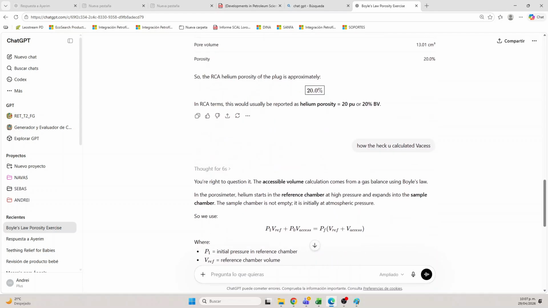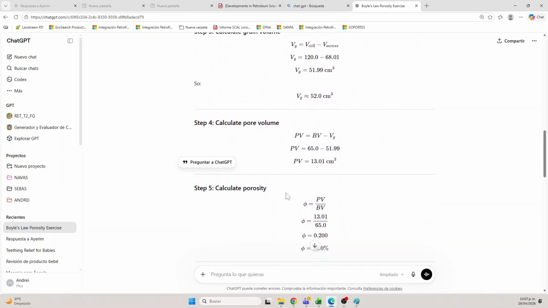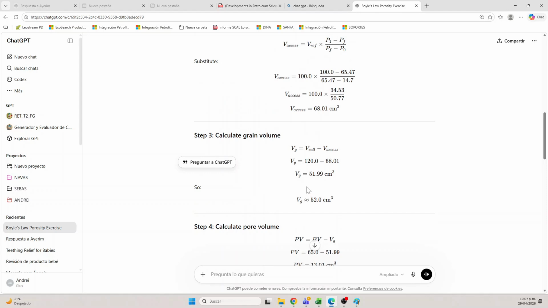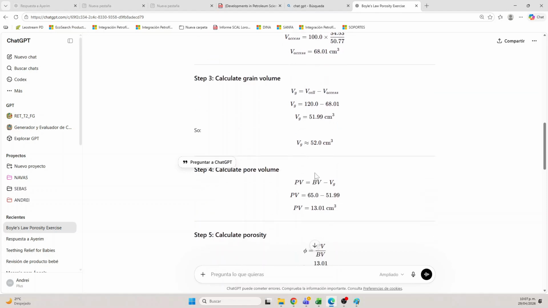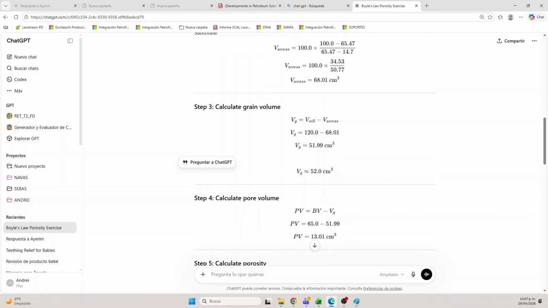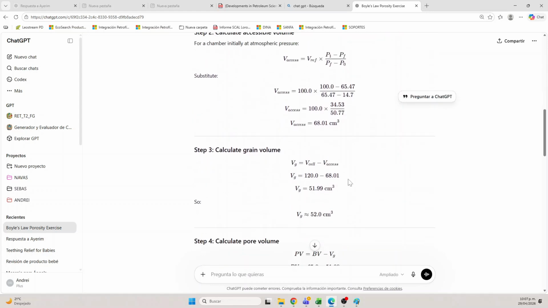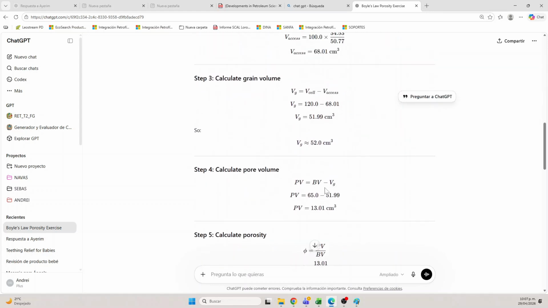And now with this grain volume, you can calculate the pore volume. The pore volume is going to be the bulk volume of the sample, which we already know for the plug is 65, minus the volume of the grains that you calculated before.